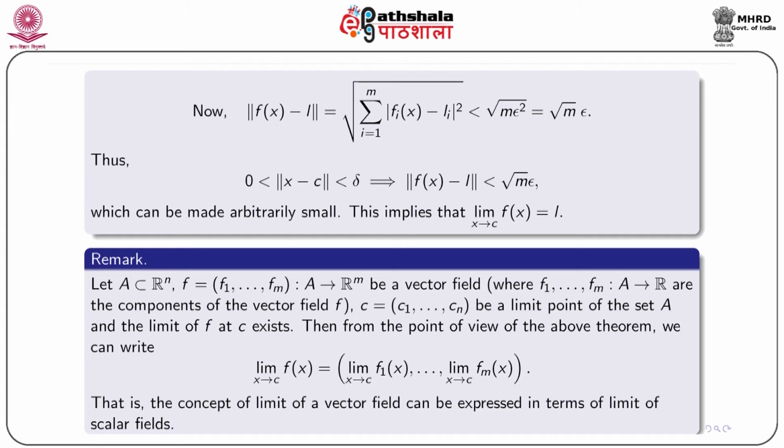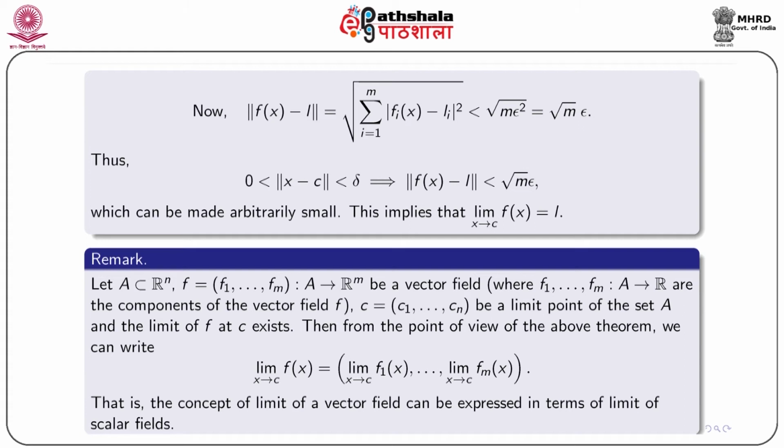One remark here. Let A be a subset of R^n, and F a map from A to R^m, where F has components f1, f2, up to fm. So, f1, f2, up to fm are scalar fields defined on the same set A. c equal to (c1, ..., cn) is a limit point of the set A, and the limit of f at the point c exists.